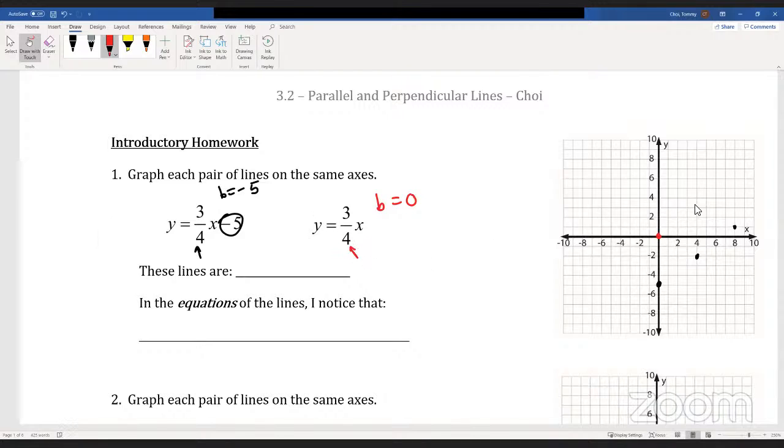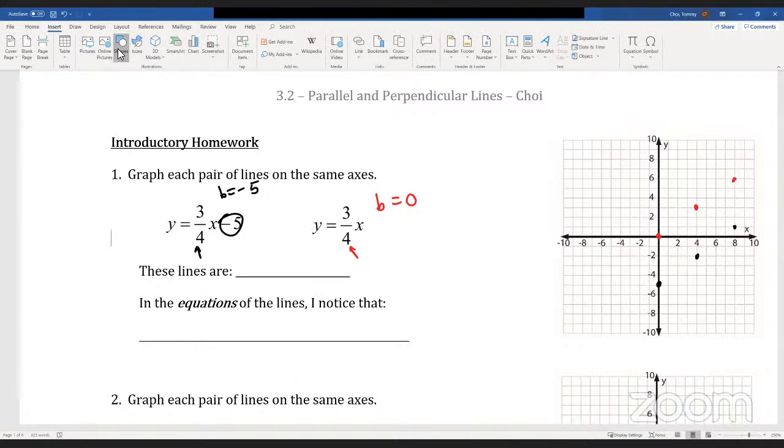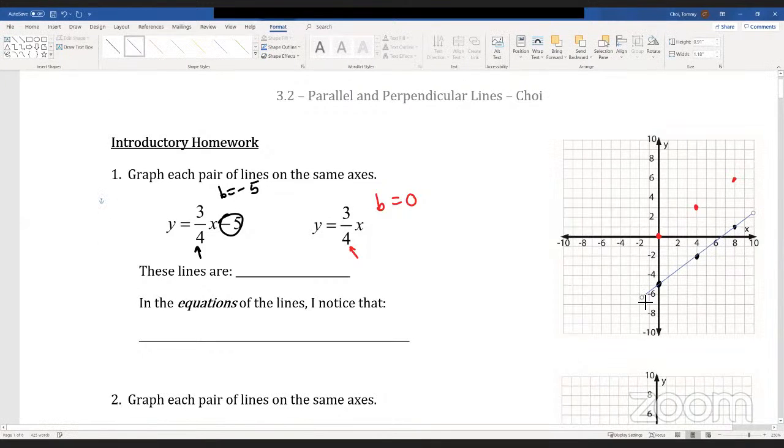So up 3, right 4, up 3, right 4. If I draw in these lines, I'll do my best to draw them. Okay, so drawing these lines in, I get this one, and I'll get this one.